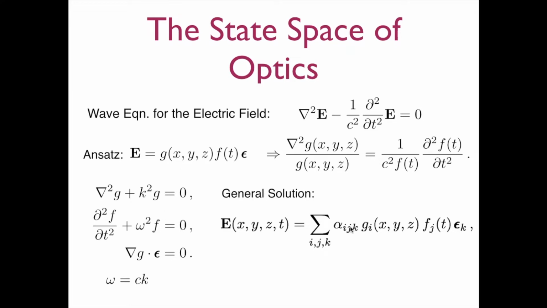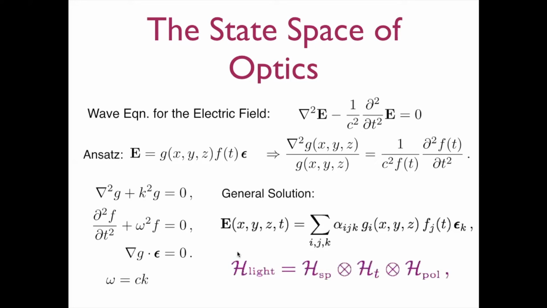And this already points out that in general, the electric field cannot be written as a product of the different components, I mean, as the product of the spatial part, the temporal part and the polarization, but it is a superposition of these. And this is analogous to what we see in quantum mechanics with entangled states, all right? Non-separable states are those states that cannot be written as a product of the states of different degrees of freedom.